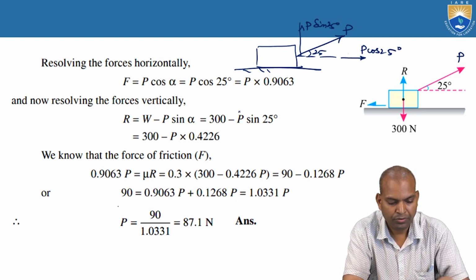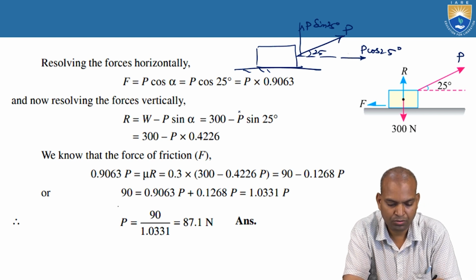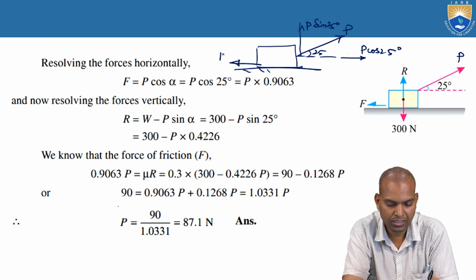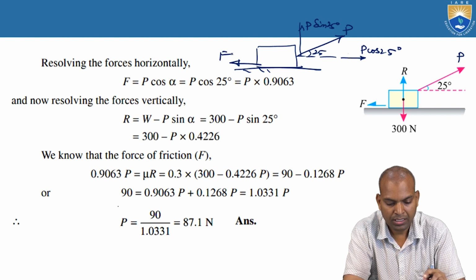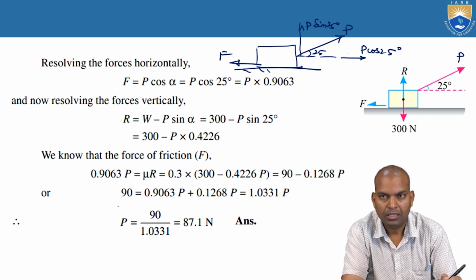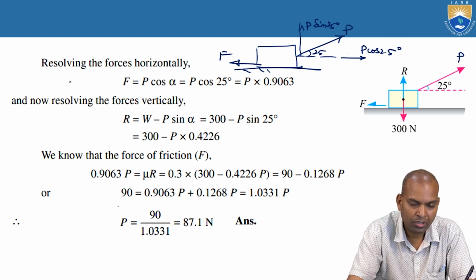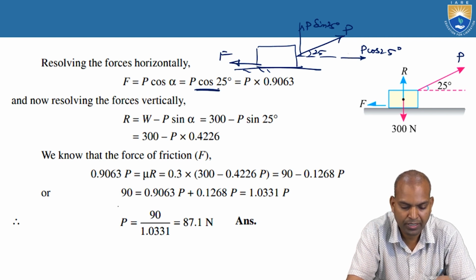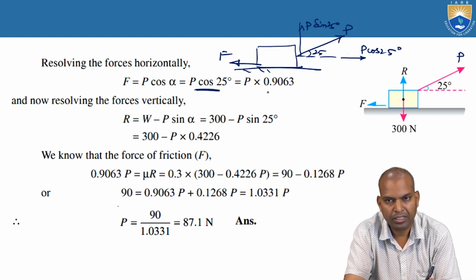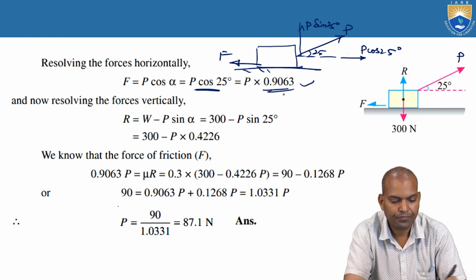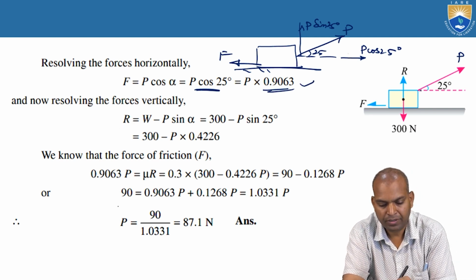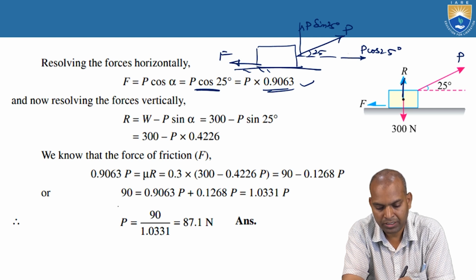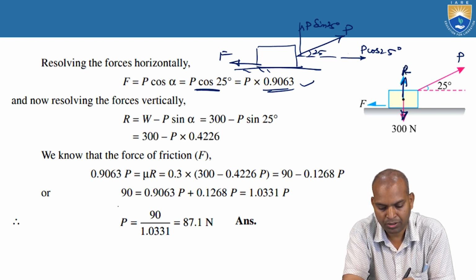Now F, the frictional force, acts in the opposite direction. Resolving the forces horizontally, F equals P cos alpha, that is P cos 25, which is P times 0.9063. Now resolve vertically. R is vertically upwards and W is downwards.